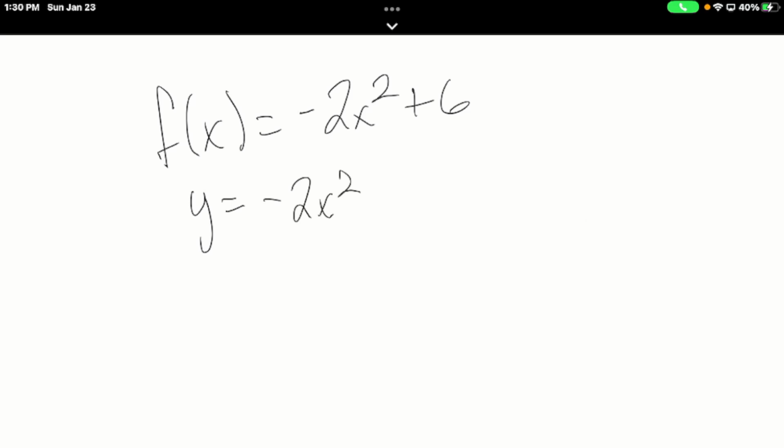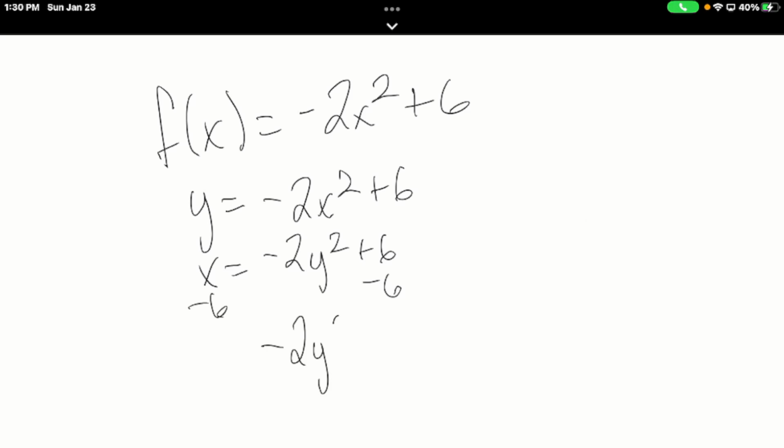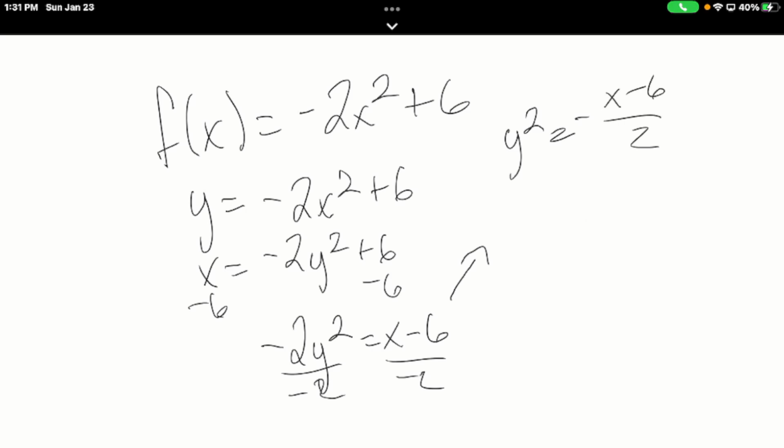Negative 2x squared plus 6. Switch x and y. Negative 2y squared plus 6. Subtract 6 over. So I get negative 2y squared equals x minus 6. Divide by negative 2. So I'm going to move up to the top here. y squared equals negative x minus 6 over 2.